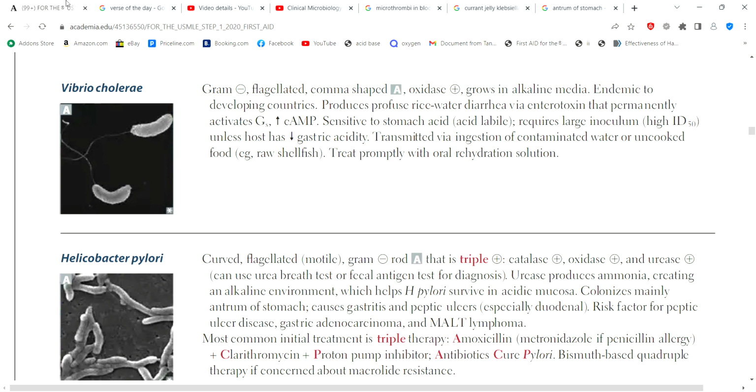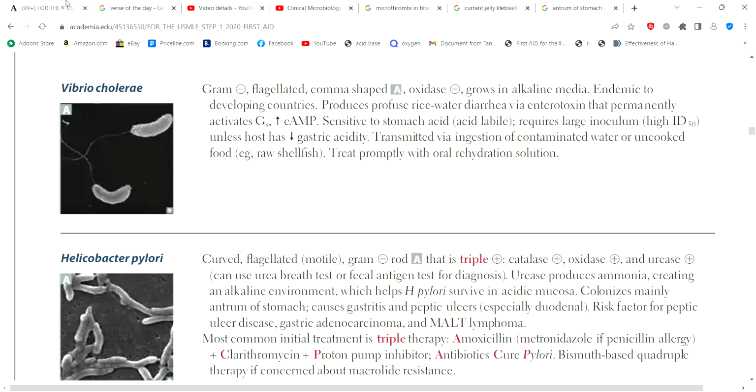So if somebody that was on proton pump inhibitors got a Vibrio infection, they will get Vibrio very easily. But in an immunocompetent person or somebody that has normal functioning levels of HCl in their stomach, they would not be as affected by Vibrio as somebody who has decreased HCl production in their stomach. So remember, somebody on PPIs has a risk factor for getting Vibrio.